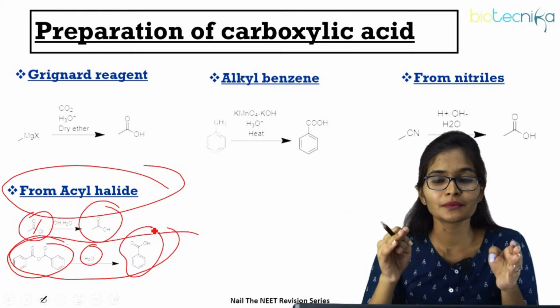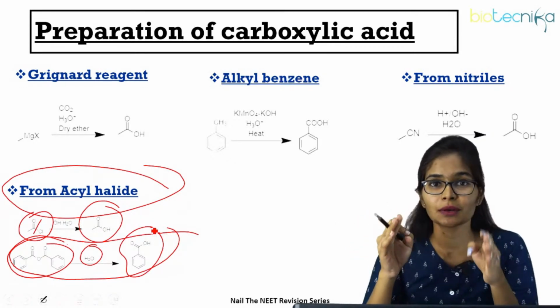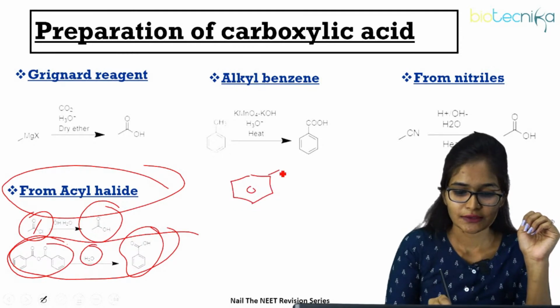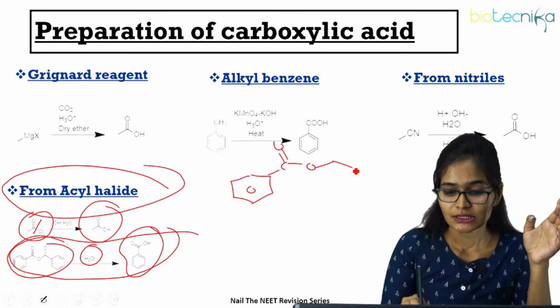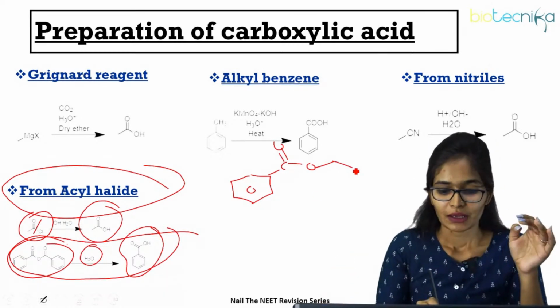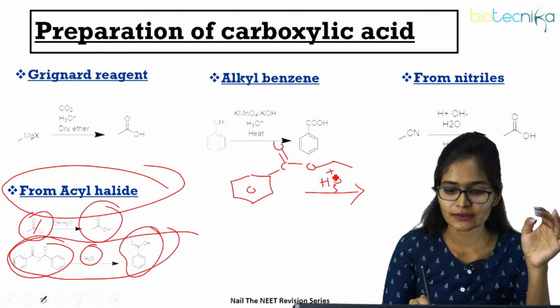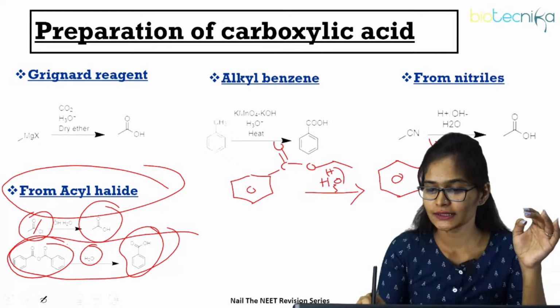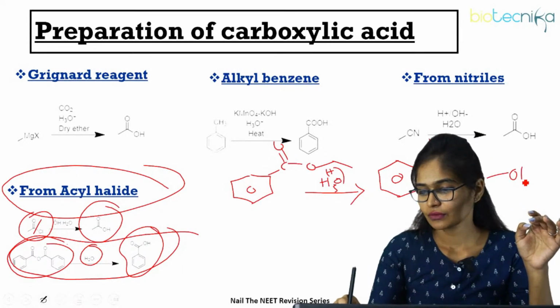Apart from this, is there any method by which we can prepare carboxylic acid? Yes, you can. If you consider any ester, if I have C6H5COOC2H5 and I do acidic hydrolysis with H3O plus, you will get benzoic acid along with alcohol, that is C2H5OH.